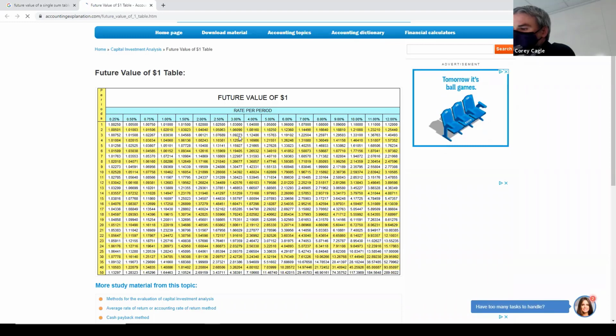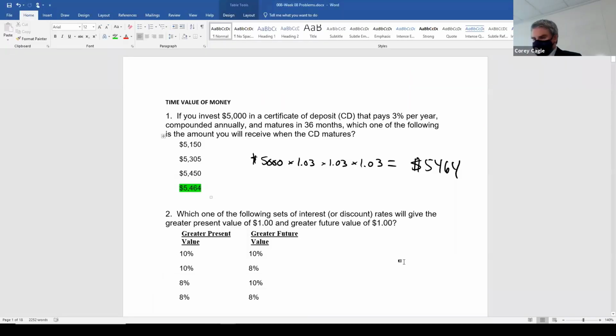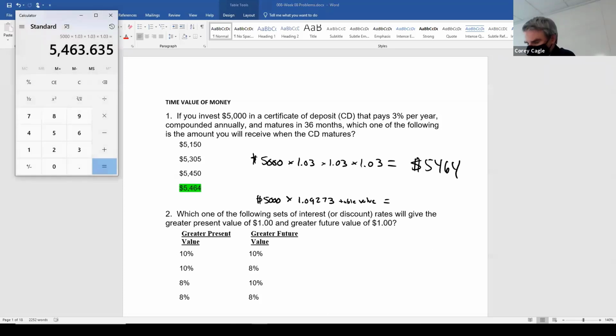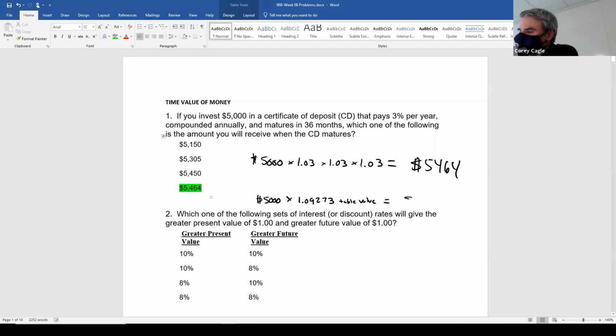1.092727. So that big. 5,464. You know how they get that table value?